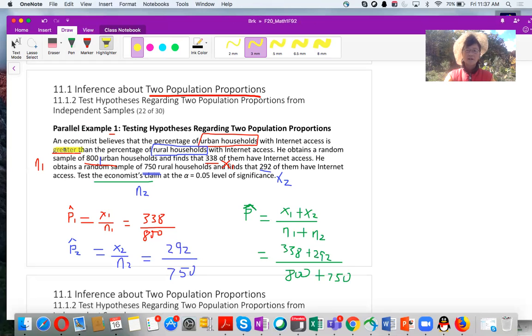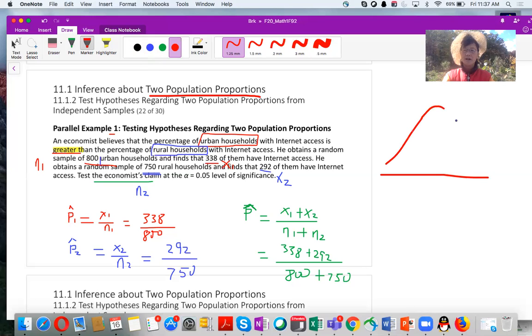Here you have the keyword greater than, so it must be a right tail test. It's a right tail test, and the right tail area is alpha.